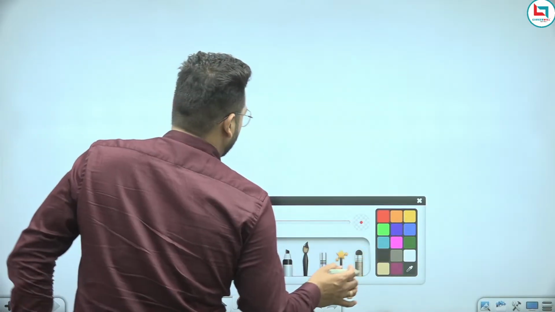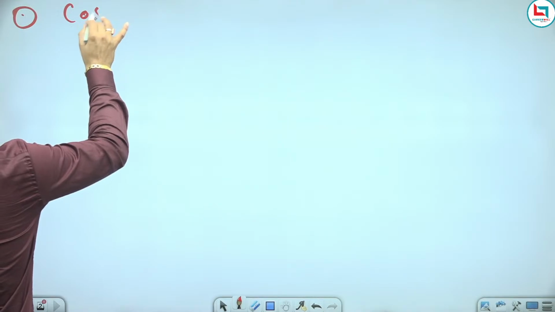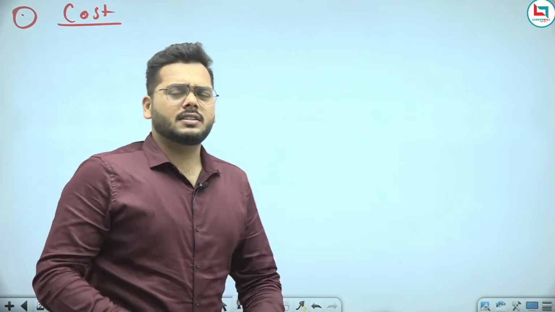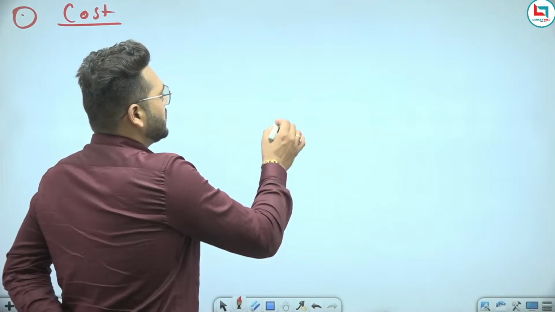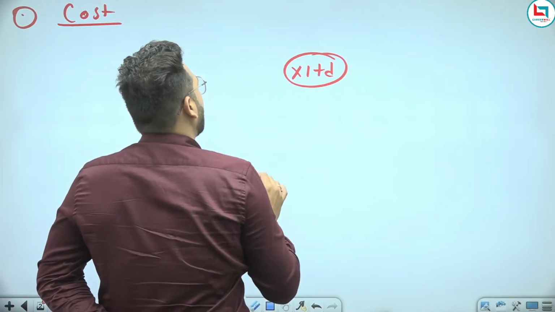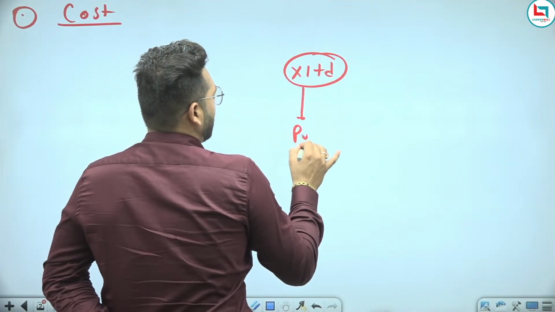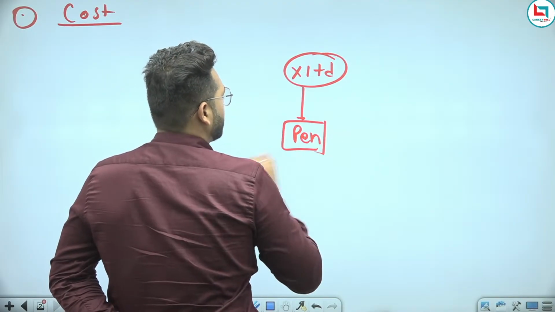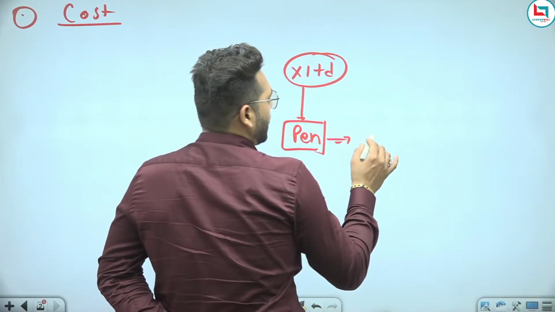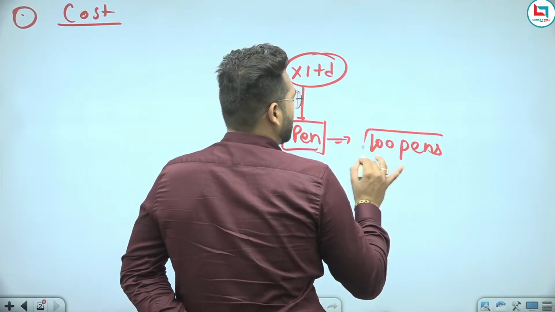First of all, we need to understand what we mean by cost. Let's say someone is manufacturing pens, and he produces 100 pens.